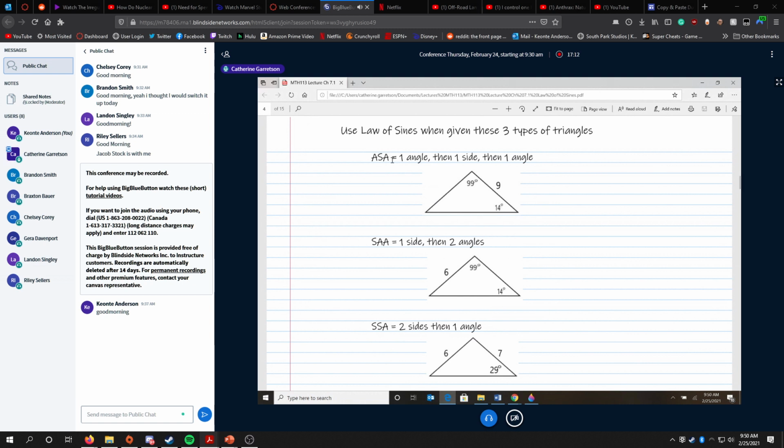If I was given 2 interior angles and 1 side, that's going to be law of sines. So I know angle side angle, and side angle angle, I can do law of sines. However, this is the only one where I'm given 1 angle and 2 sides that I can use law of sines. So this side side angle, I can also use law of sines for that.